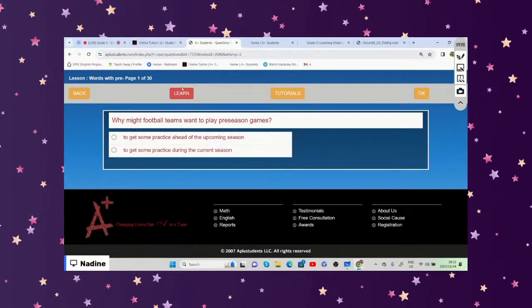And the first option is to get some practice ahead of the upcoming season, or to get some practice during the current season. So basically, a preseason game, right, is to get some practice ahead of the upcoming season because it's before the official season starts.